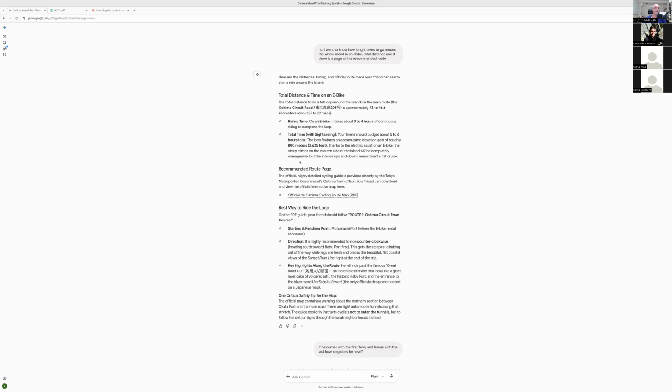LLMs can more or less do that. So my friend should budget 5 to 6 hours total, it says here. Okay, and then it's copying some of the information in the prospectus that it's linking here about safety and best loop and so on.